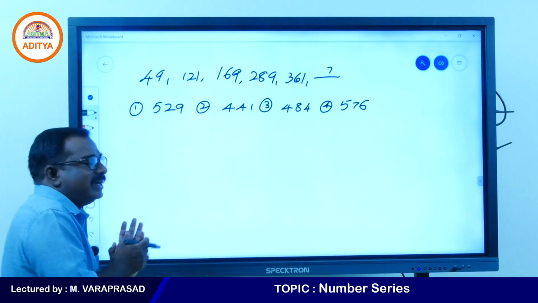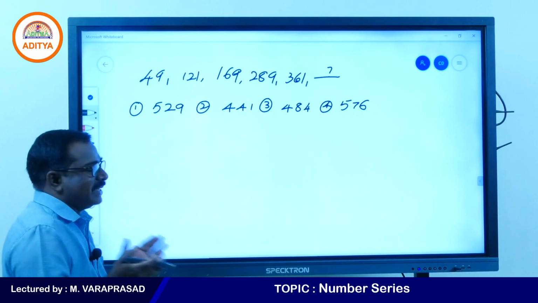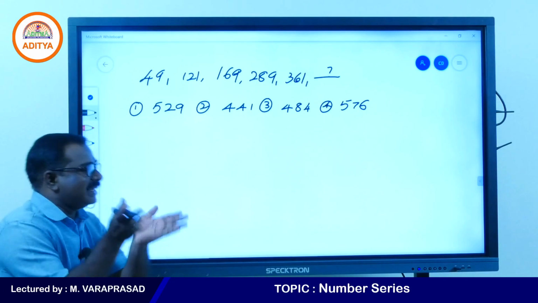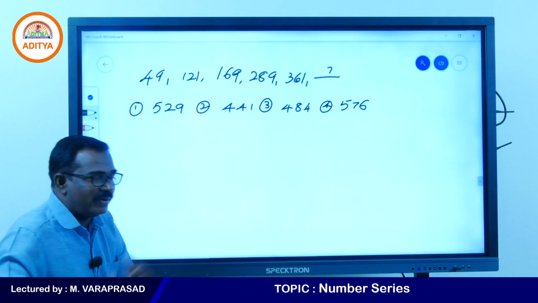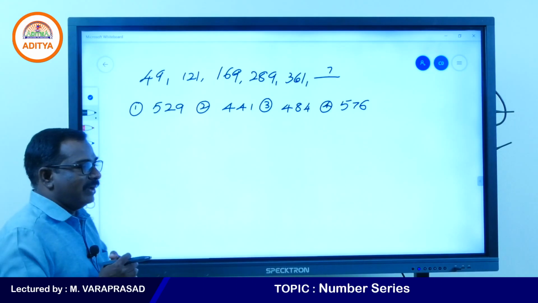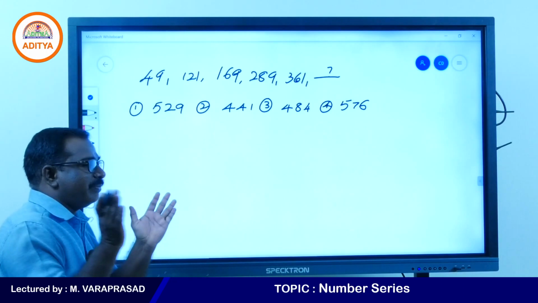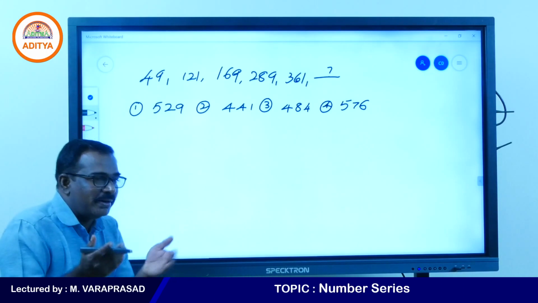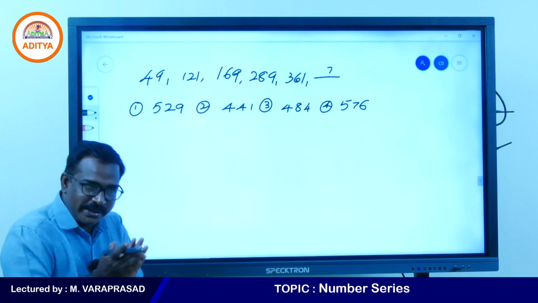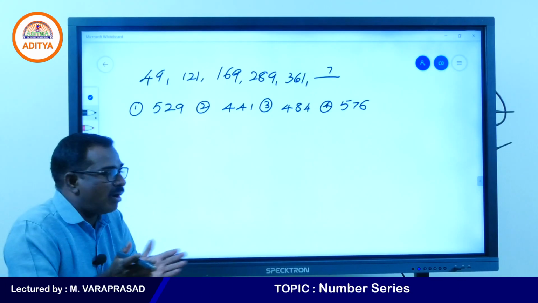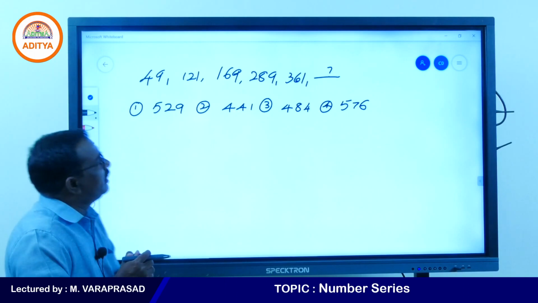Maximum questions in exams will also be on prime numbers, because you know the multiplication very well and won't get a sudden idea about primes. That's why they give maximum questions on prime numbers.